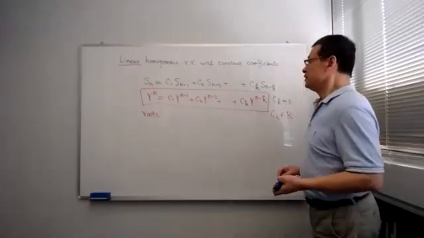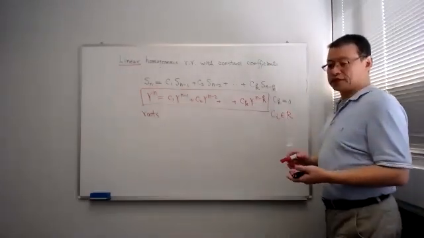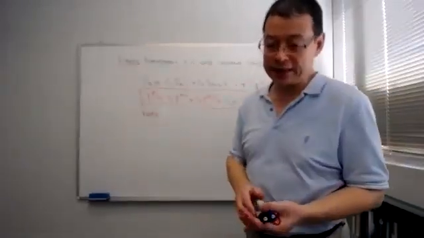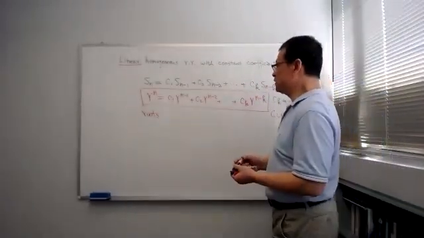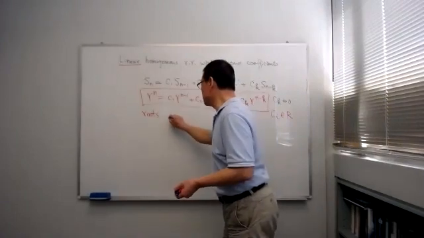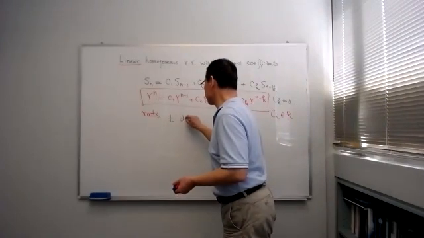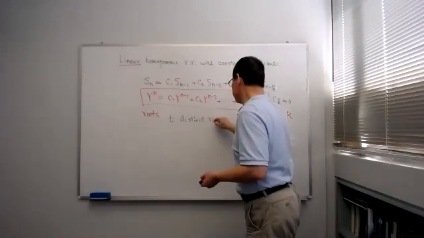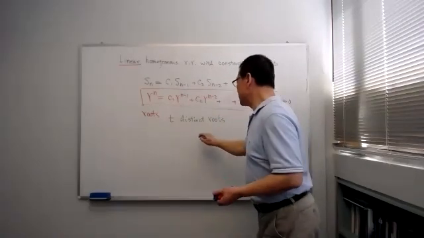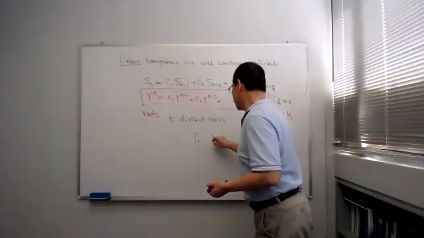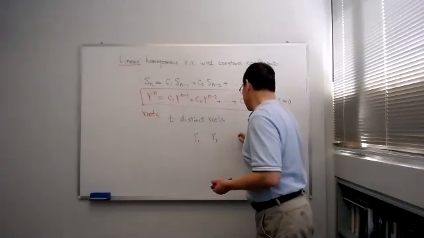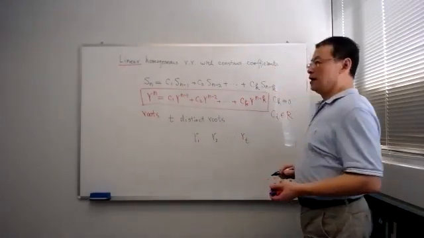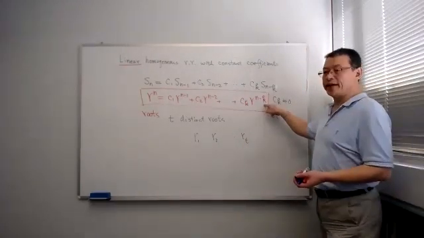All right. So suppose for this one we have roots. Suppose we have t distinct roots R1, R2, up to Rt. Of course, t is at most k.